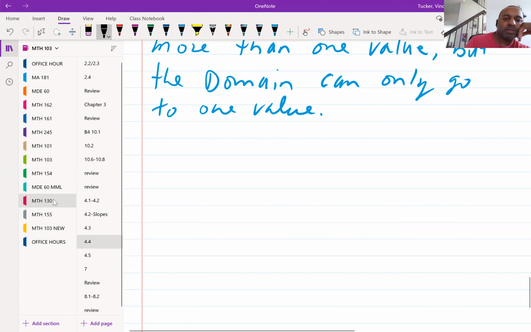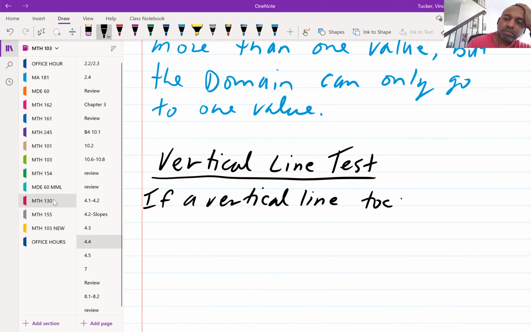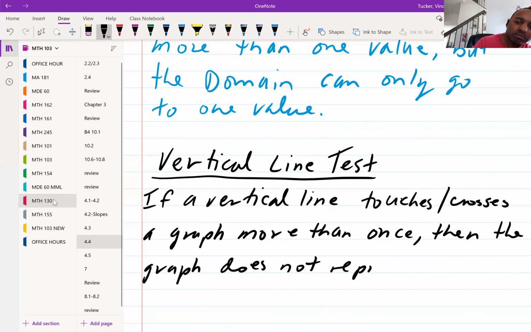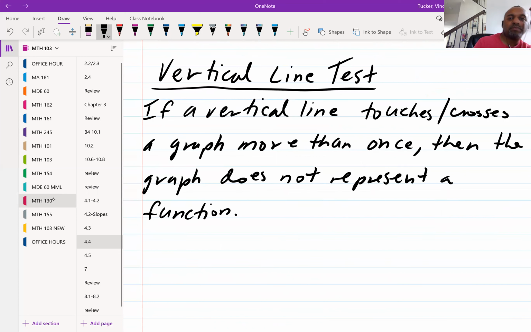All right, so let's look at the vertical line test.